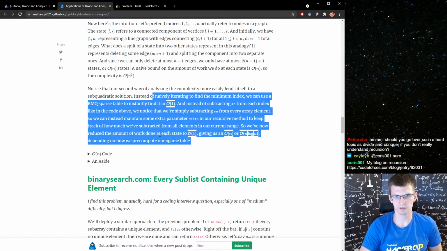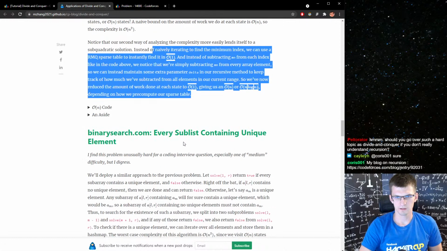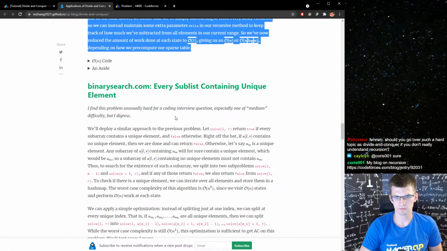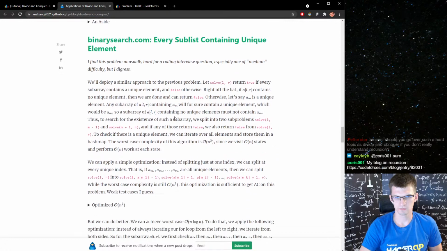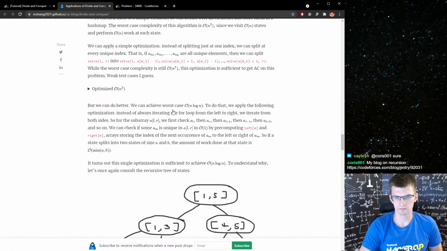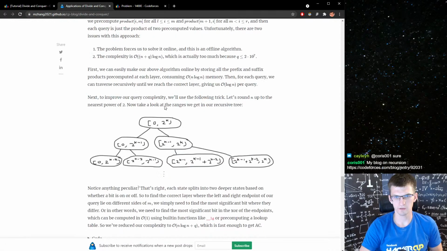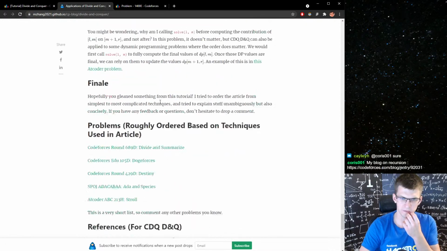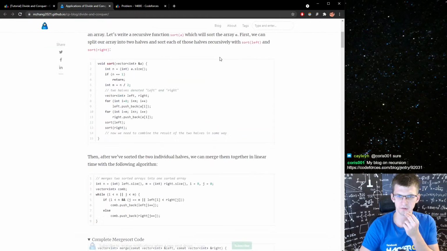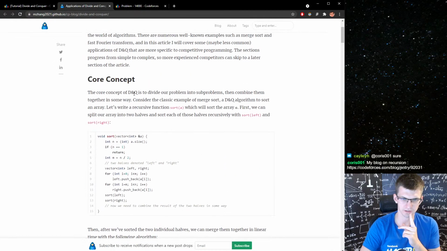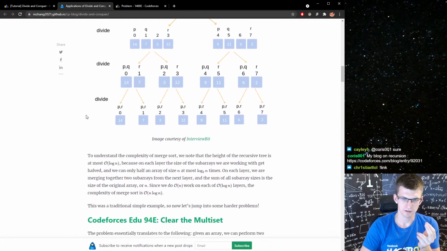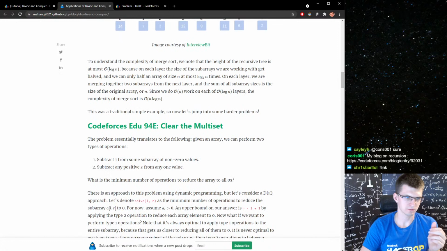And there's this speed up. Fine, so this is mainly a blog showing few problems on divide and conquer, including merge sort, which is fine. You should learn by solving.